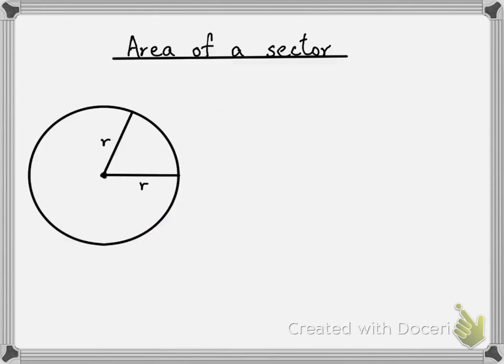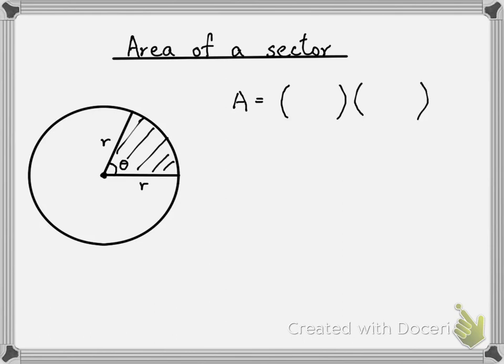Area of a sector. We are interested in looking at the area of this piece, the sector, in a circle of radius r that subtends a central angle theta. We can see that the sector covers a portion of the circle, so we can find the area by a portion of the area of the circle.